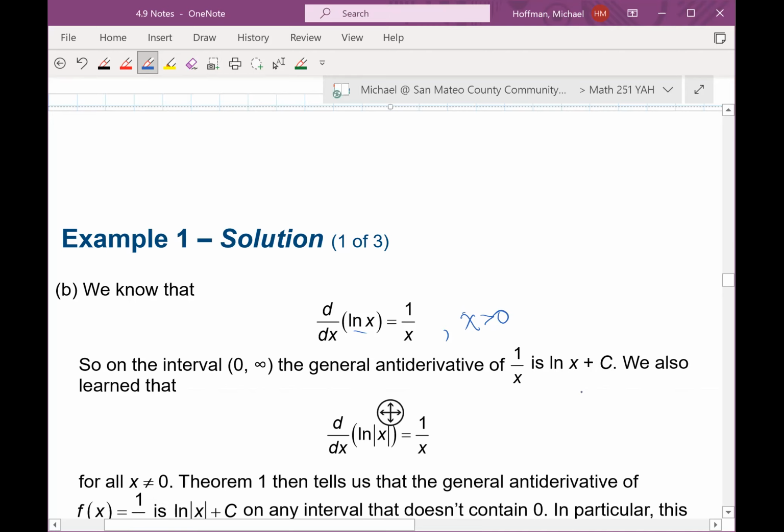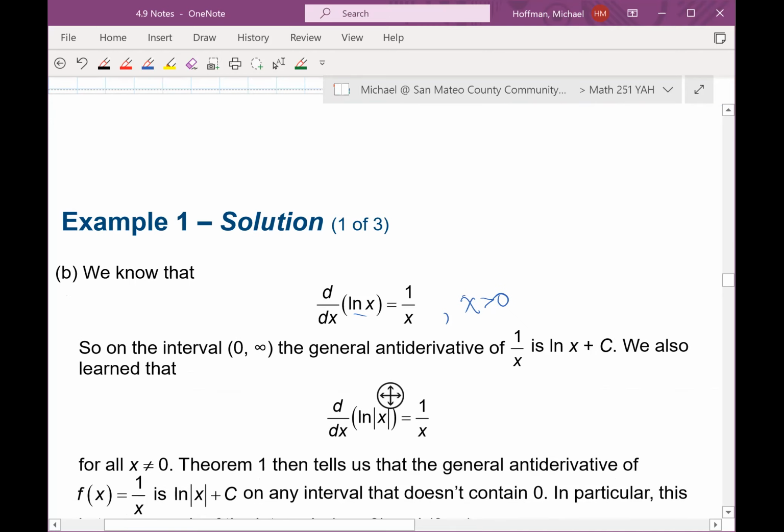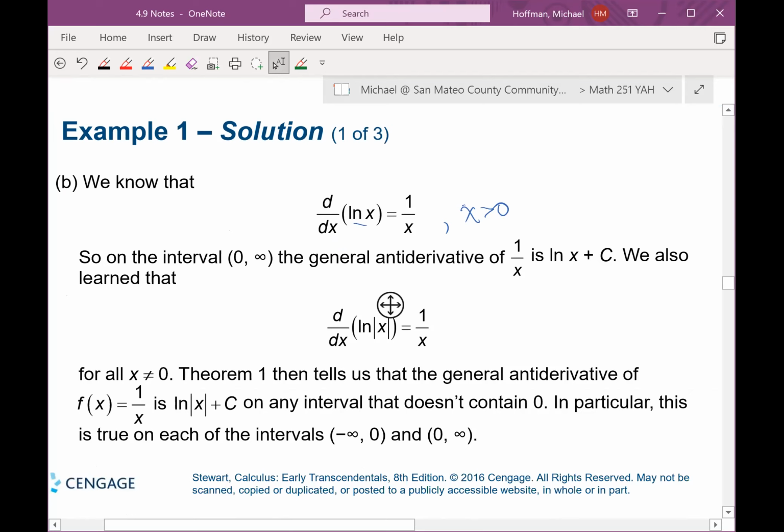So we actually can have negative x values as well. And you get that the most general antiderivative of 1 over x is the natural log of the absolute value of x. And this works for x less than 0, too.